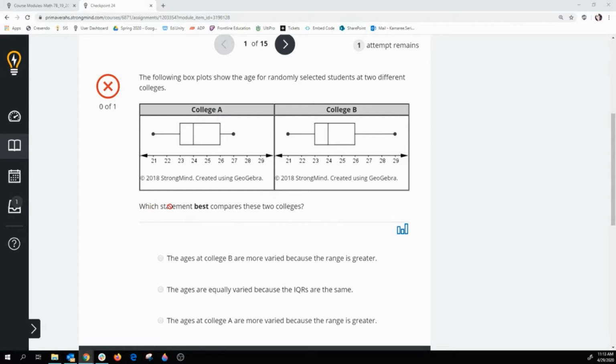So when we are asking which statement best compares these two, do you think that B is more varied, or do you think that they are equally varied? I would say that they are equally varied because the IQRs are the same as well.